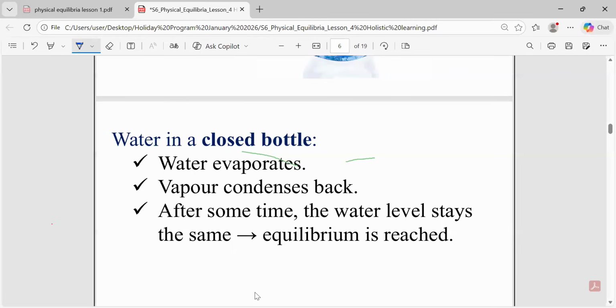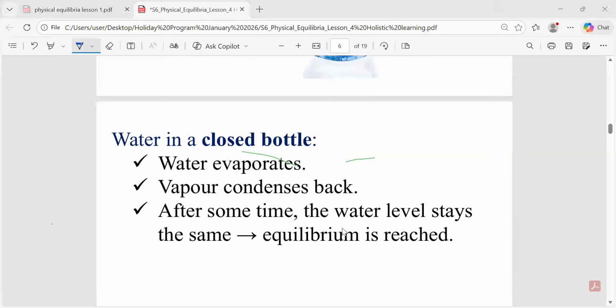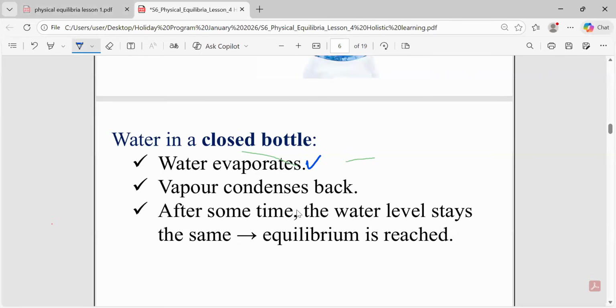They are saying that water in a closed bottle evaporates. The vapor condenses back. After some time, the water level stays the same.